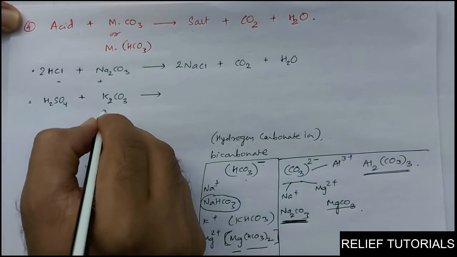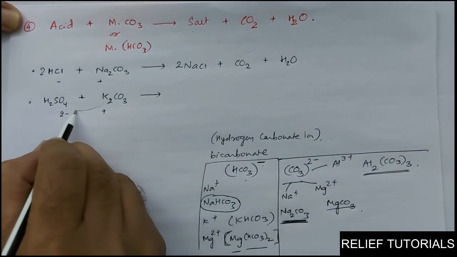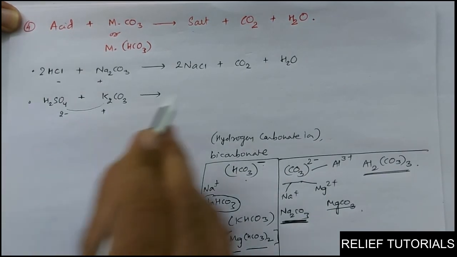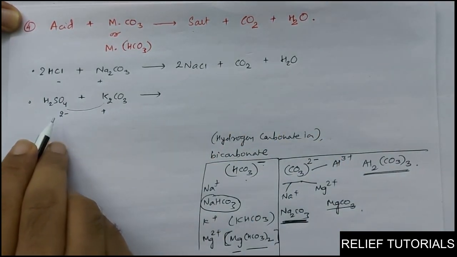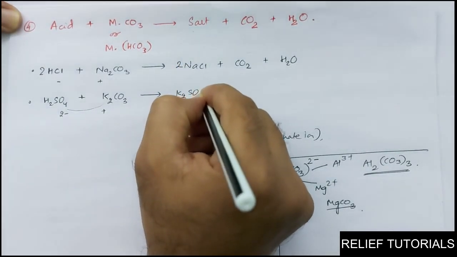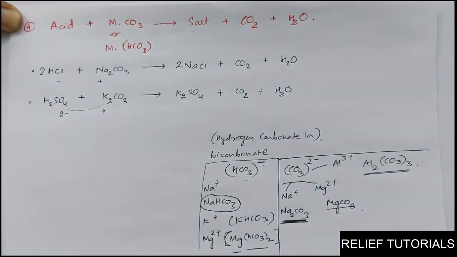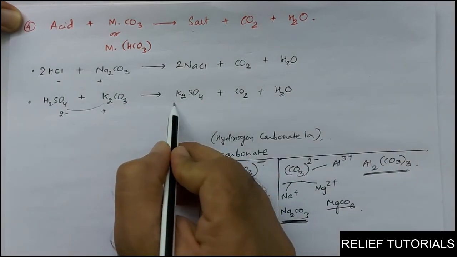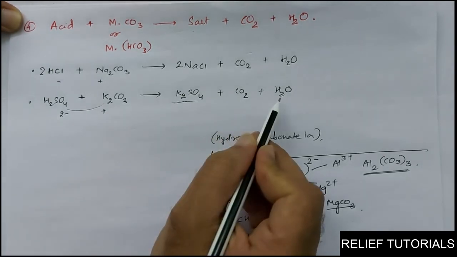Now here K is plus and SO4 is 2 minus, these two are going to obtain salt and the remaining will be used as these products. So K plus and SO4 2 minus, so 2 will be given to K, so it is K2SO4 plus CO2 plus H2O. The name of this compound is potassium sulfate. Okay, and I think this equation is balanced.